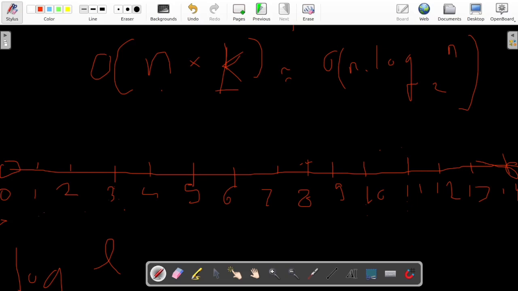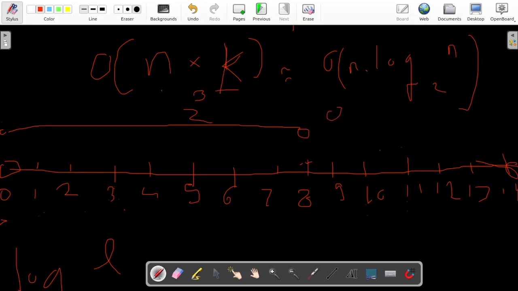Compared to starting from 1, 2, 3, 4, starting from zero will give us more segments. If we start from zero, see here, this is the power of 2 we can consider, that is 2 to the power 3. We cannot consider a power more than that because it will go out of our range.